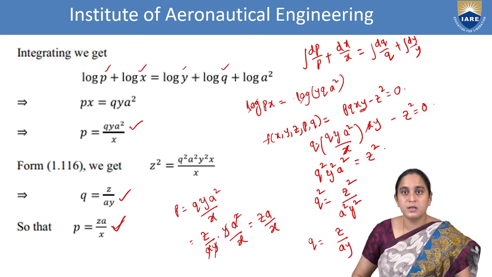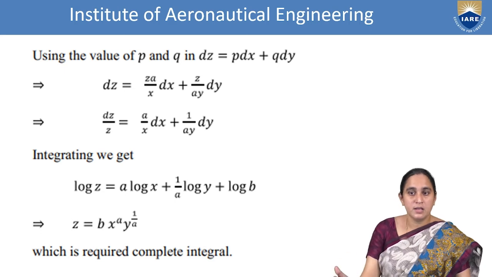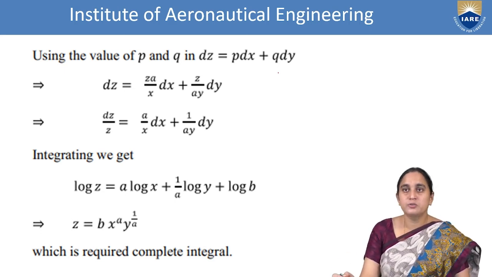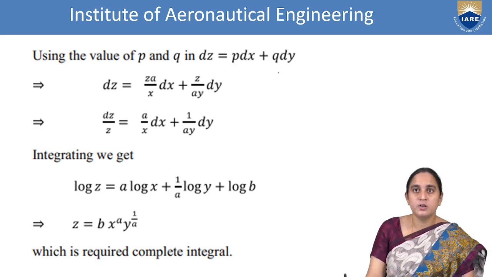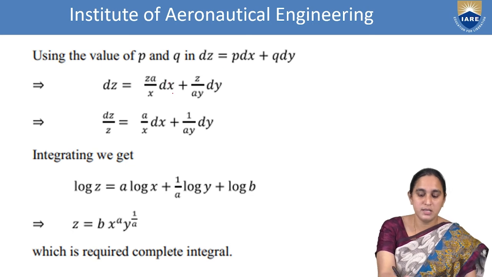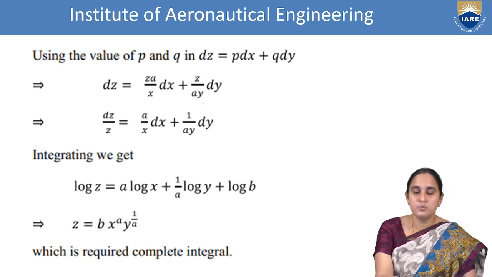Next step. Now we got the p and q values. Then substitute the two in the formula dz is equal to p dx plus q dy. That is dz is equal to za by x into dx plus z by ay into dy.